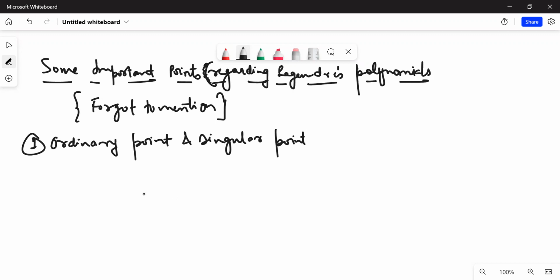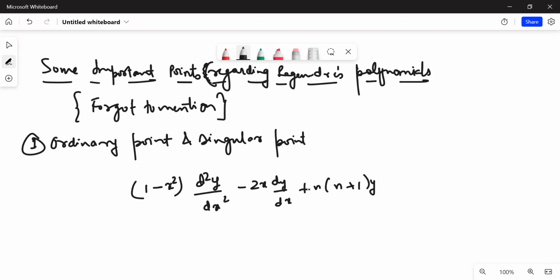Okay, so you know that Legendre's equation is given by (1 minus x square) d2y upon dx2 minus 2x dy by dx plus n into (n plus 1) y equals 0.